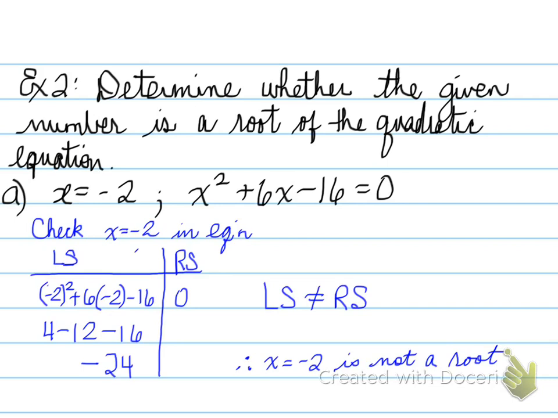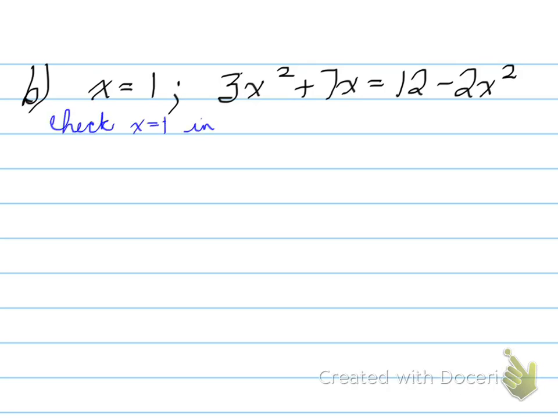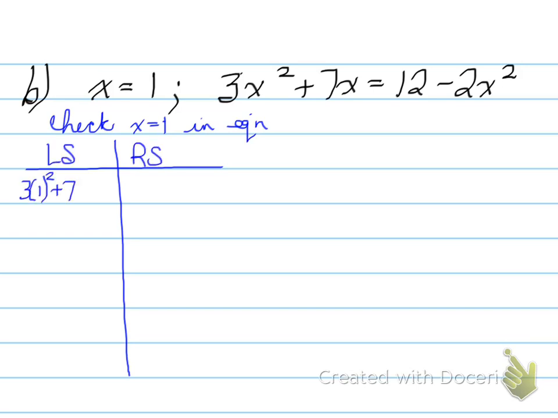Moving on, let's look at another problem exactly like this. Part B. x equals 1 in this equation. This one's a little harder because we have strange things on both sides. That's okay, folks, because we're going to check x equals 1 in the equation. Left side is 3 times 1 squared plus 7 times 1.